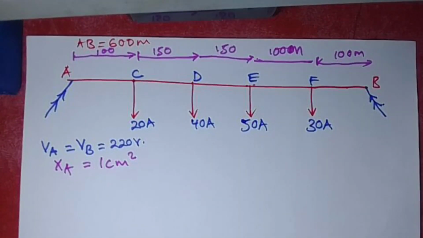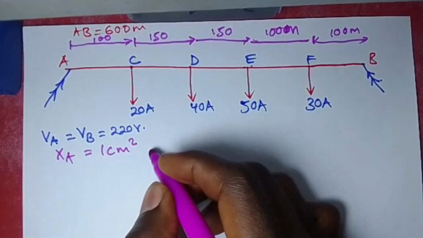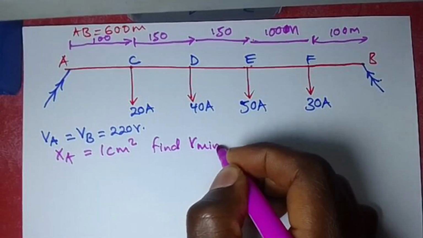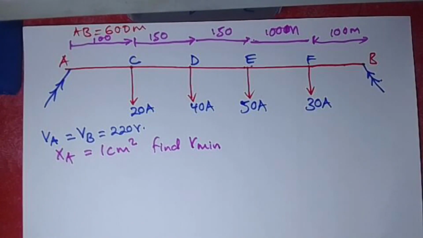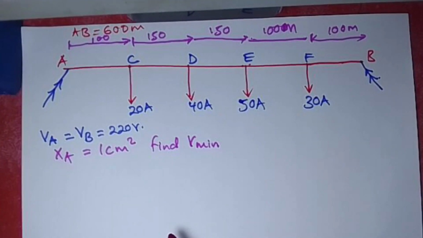Now they want us to find the minimum consumer voltage, V minimum, which is the minimum voltage that can appear across the entire length of the line.